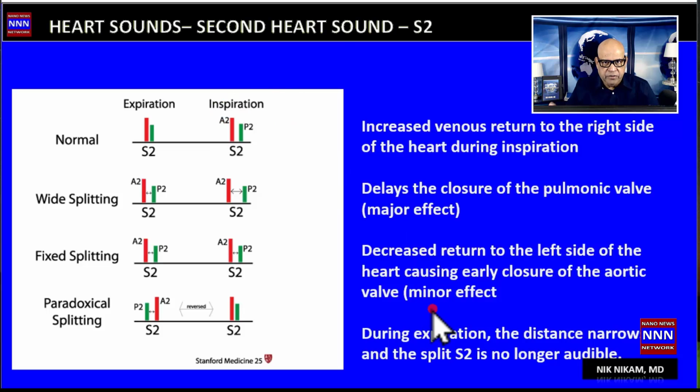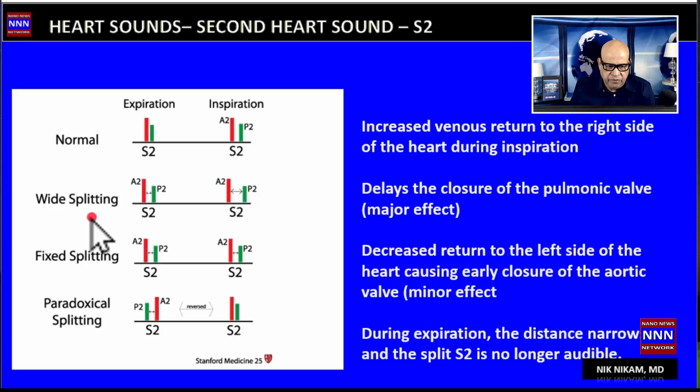During expiration, the whole thing changes or reverses, causing a narrow splitting of the second heart sound. So that is during normal conditions. So we're going to look at these various other conditions.